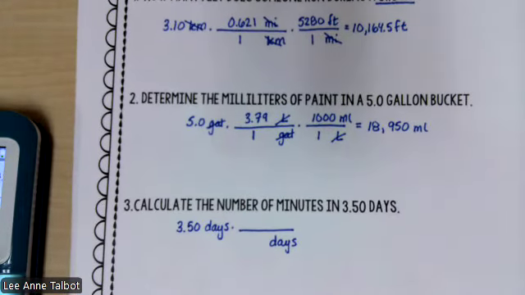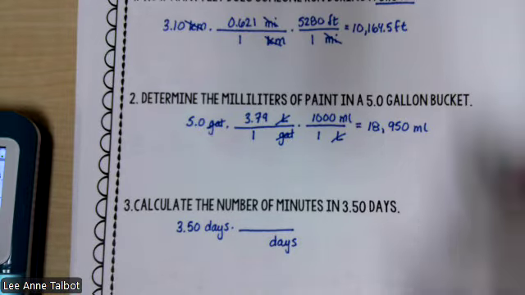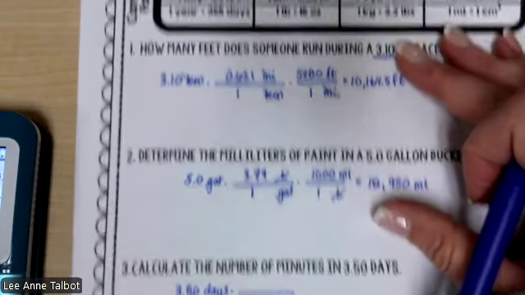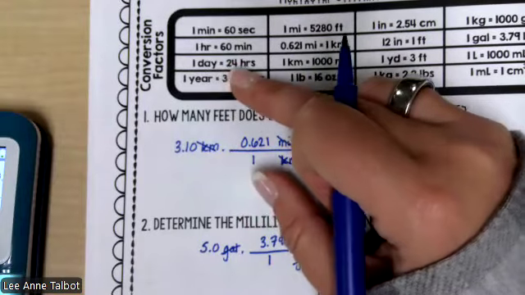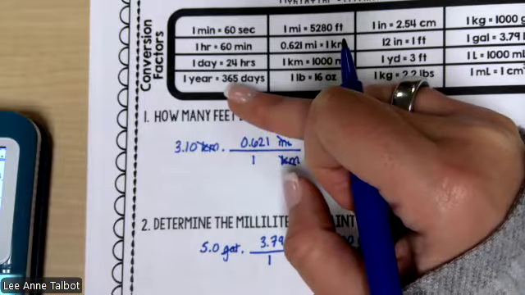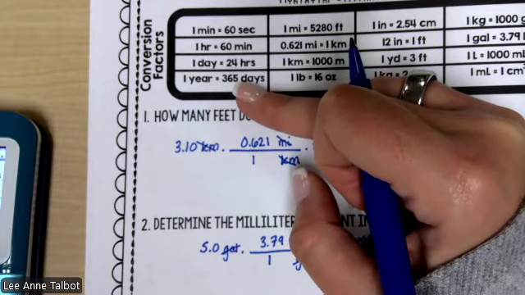Okay, 3.50 days. Put days on the bottom. And there's two options for days in my conversion factors box. One day is 24 hours and 1 year is 365 days. Which one of those do I want to use if I want to go to minutes? Hours, right? Okay.